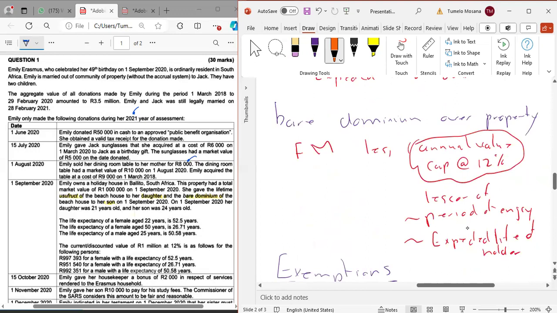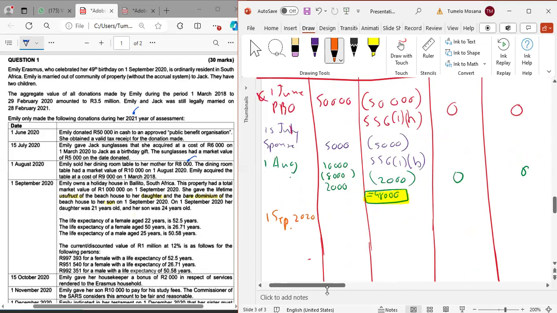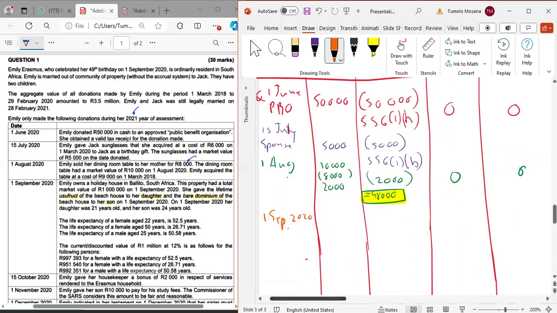So Emily owns a holiday house at Palito, South Africa. This property has a total market value of 1 million on 1st September 2020. She gave the life usufruct of the beach house to her daughter and the bare dominium of the beach house to her son. On 1st September 2020, her daughter was 21 years old.